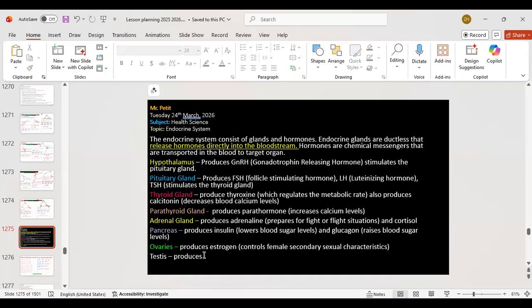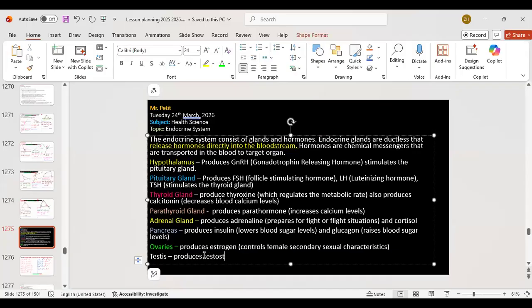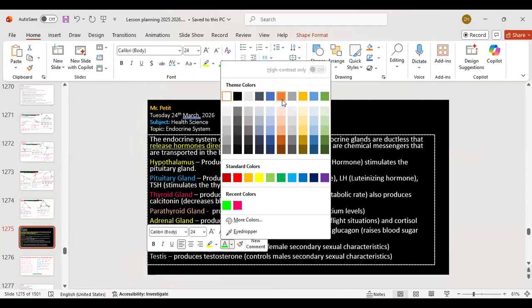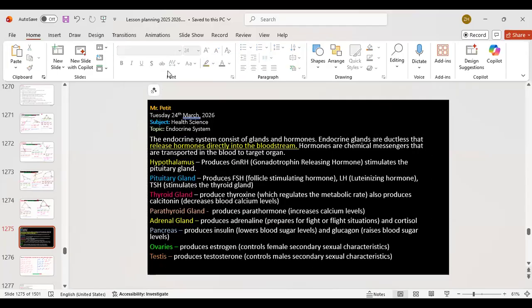It produces testosterone, which controls male secondary sexual characteristics. Cool. And this is going to be the testes. Good.